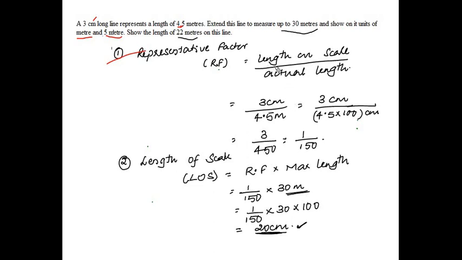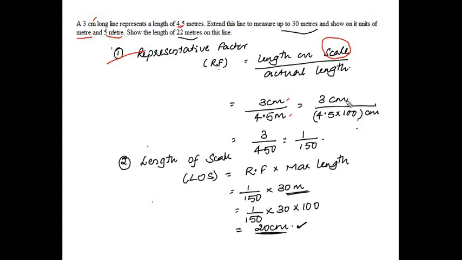So length on the drawing by actual length: the length on drawing is 3 centimeters and the actual length is 4.5 meters. We have to take proper units here. The numerator is in centimeters and the denominator is in meters, so let us convert this into centimeters.